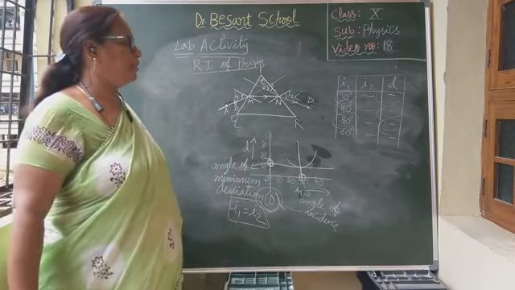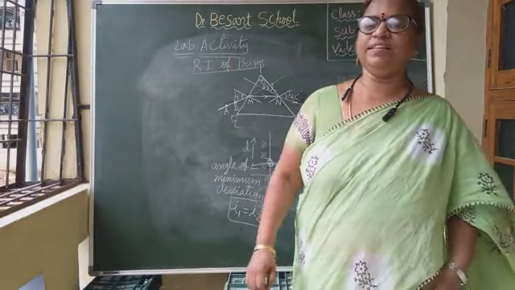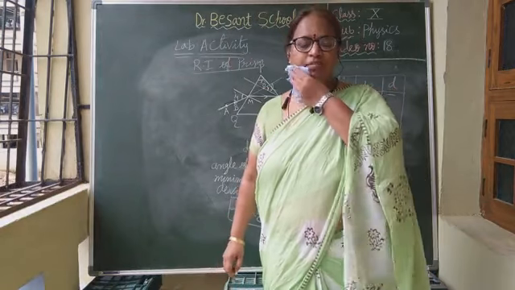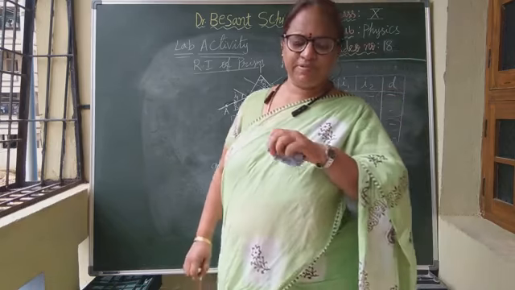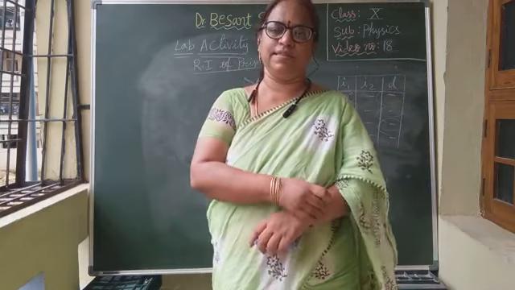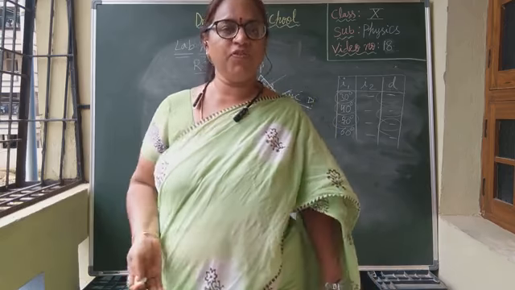Now using these values, we will find the refractive index of the prism. For finding that, there is a derivation, to find the refractive index of a glass prism, which we will discuss in our next session. It takes half an hour to do the derivation. We should do it carefully.